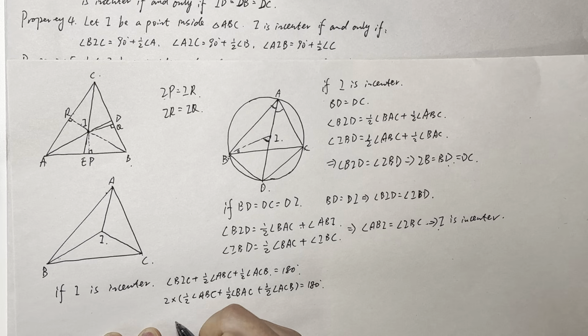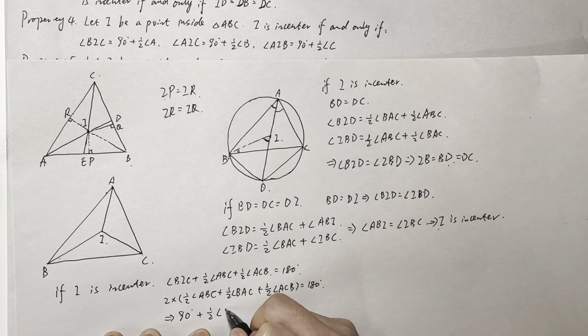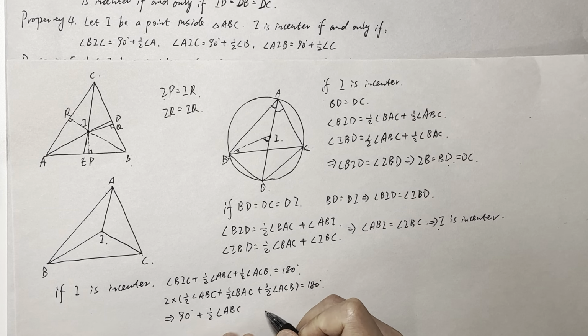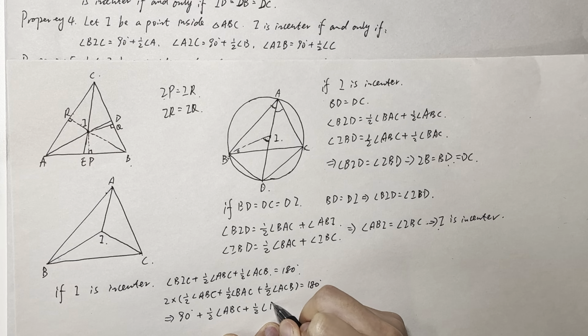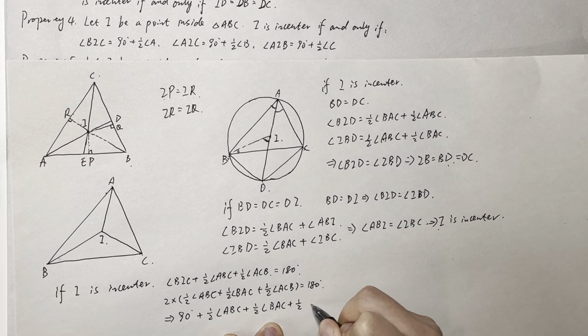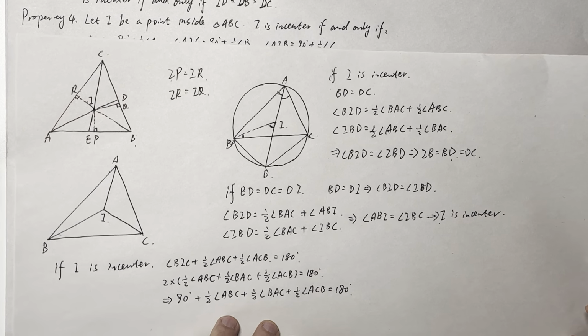Which means 90 degrees plus half of angle ABC plus half of angle BAC plus half of angle ACB equals 180 degrees. Right?